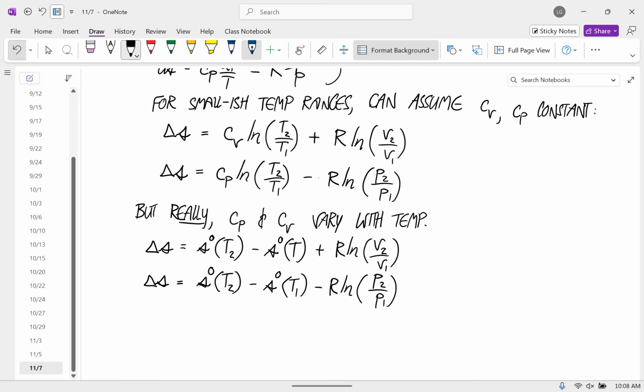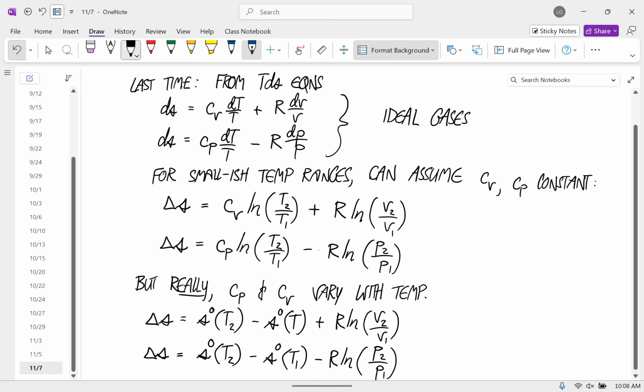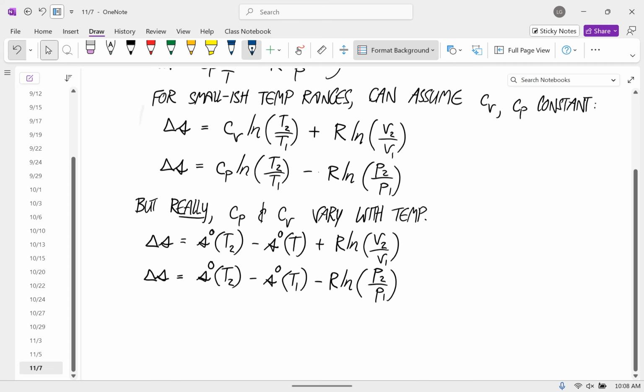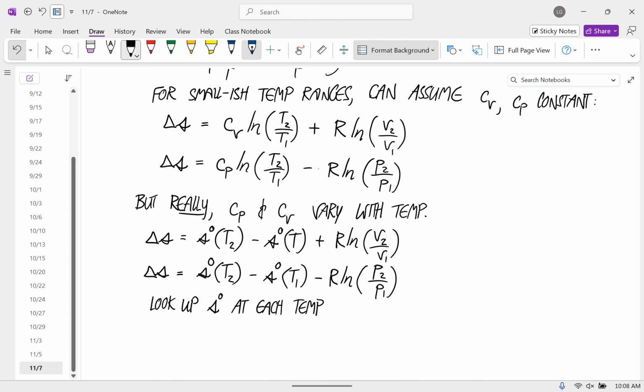Okay, so those s super 0 functions are just doing the integration for you where Cv and Cp are not constant. So you would look up s super 0 at each temperature in an ideal gas table.